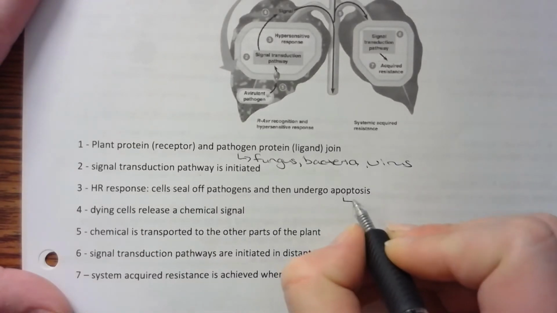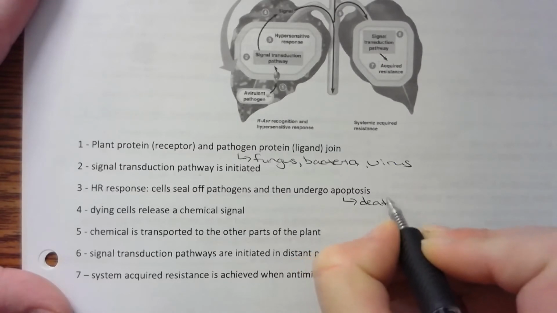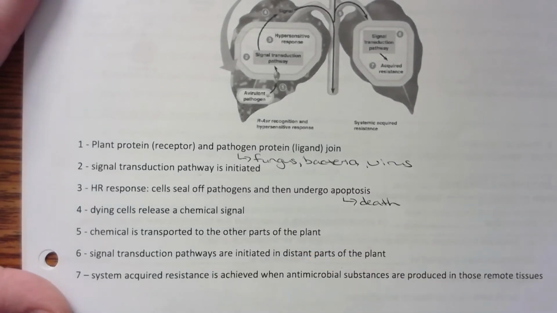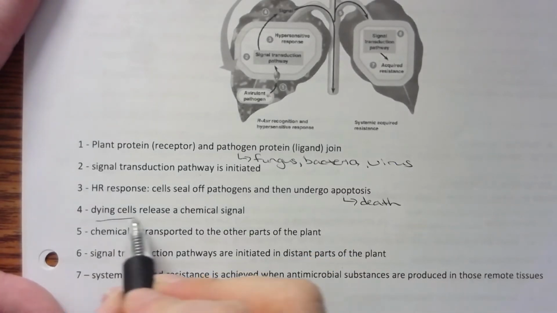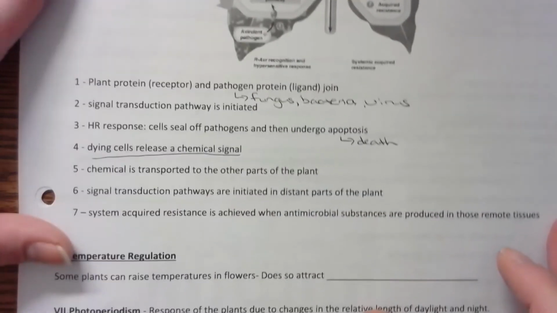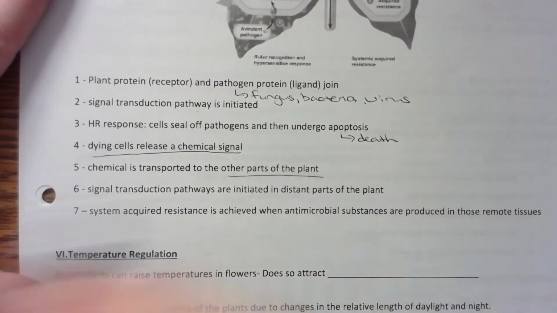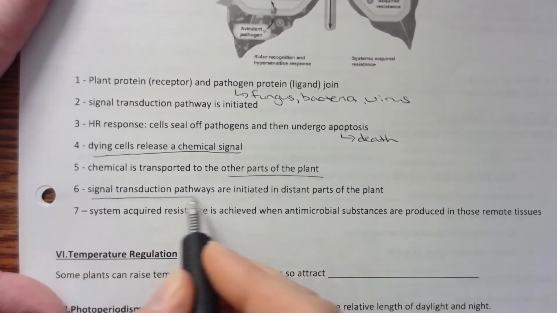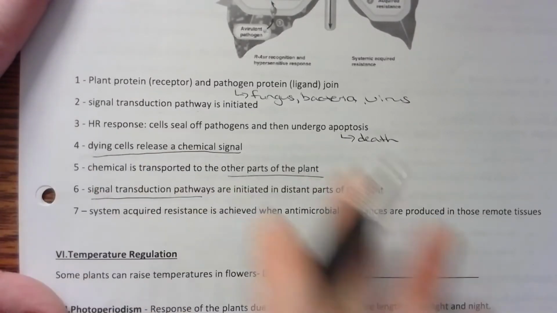So remember, apoptosis is just cell suicide. And those dying cells will release a chemical signal that will go to other parts of the plant. Then, of course, you still have to have that signal transduction pathway initiated there.